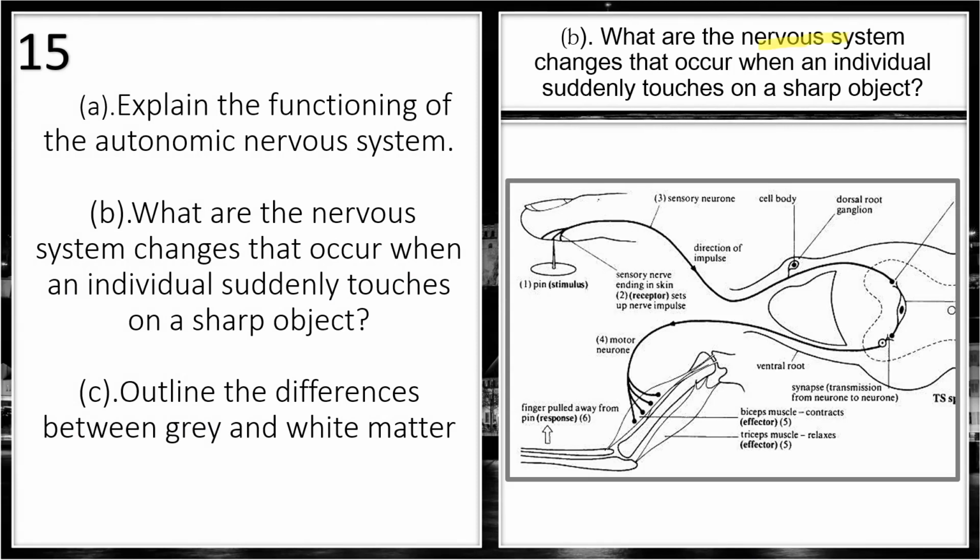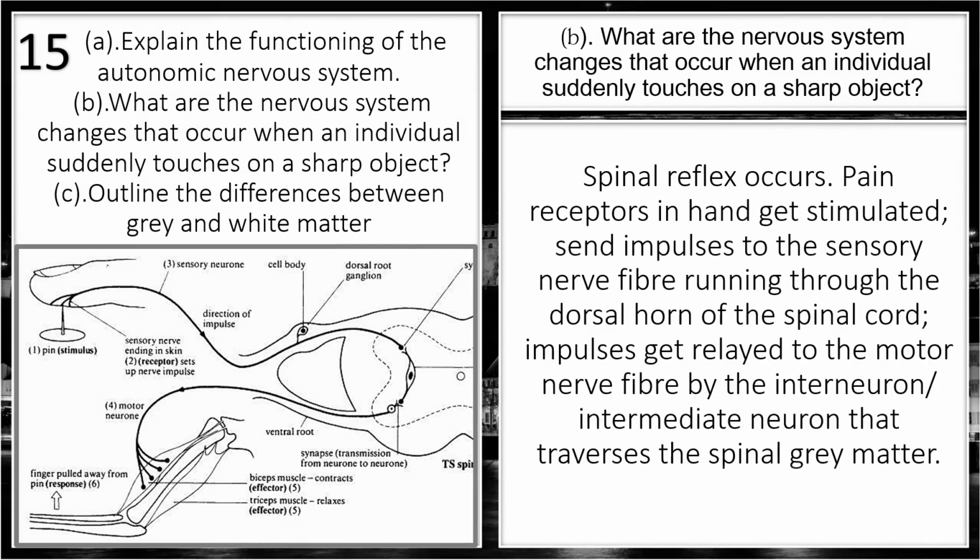What are the nervous system changes that occur when an individual suddenly touches a sharp object? A spinal reflex occurs. Pain receptors in the hand will be stimulated.